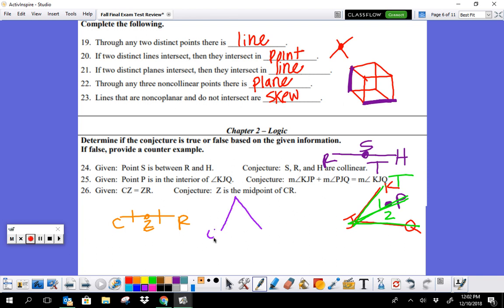I could have C, Z, and R, and CZ equal to ZR, but Z is not considered to be a midpoint here. So that is false. This is really just using your logic. You probably won't have anything that's complicated, not that this is that hard, but nothing really like 26 on the exam.